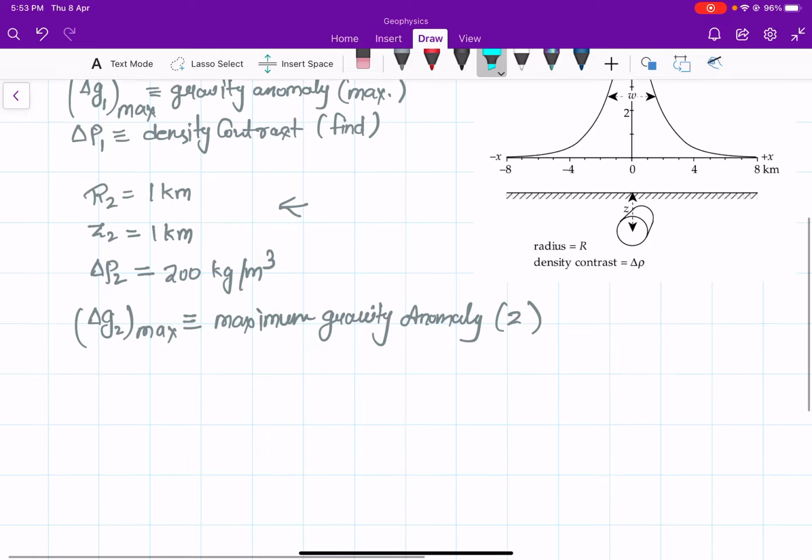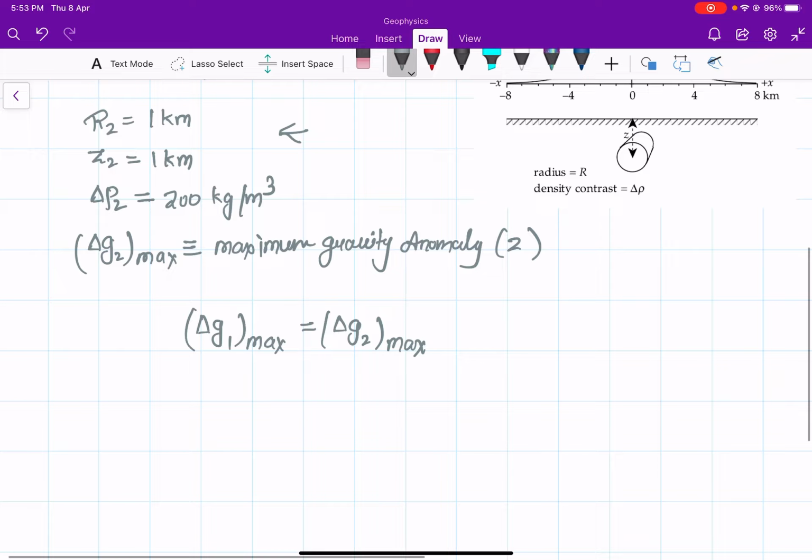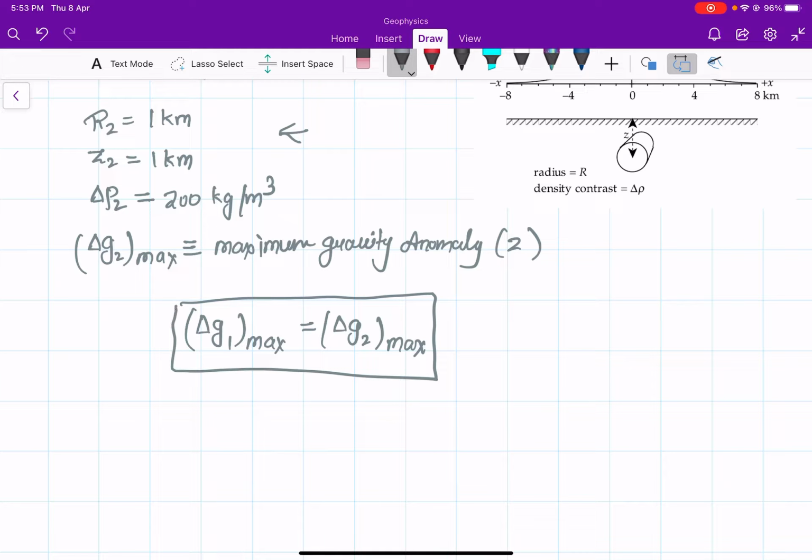So you can say del g1 max equals del g2 max. This is the condition given in the problem.